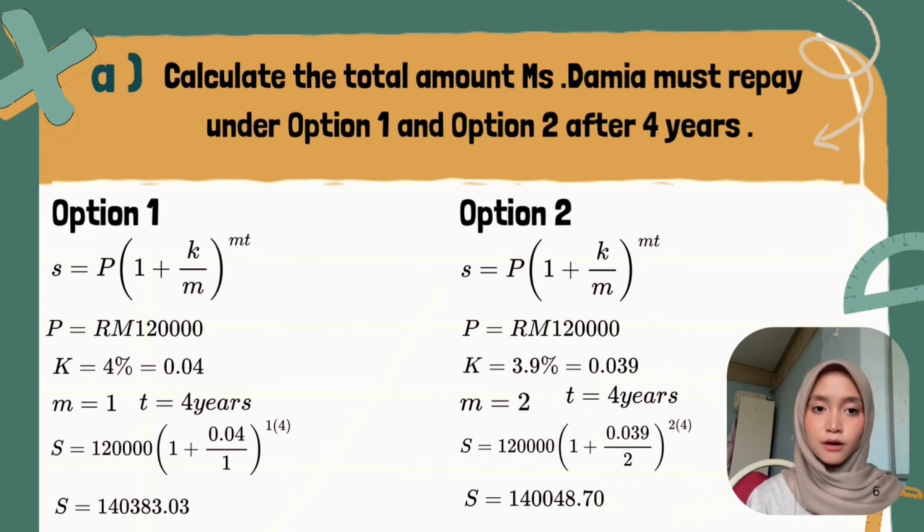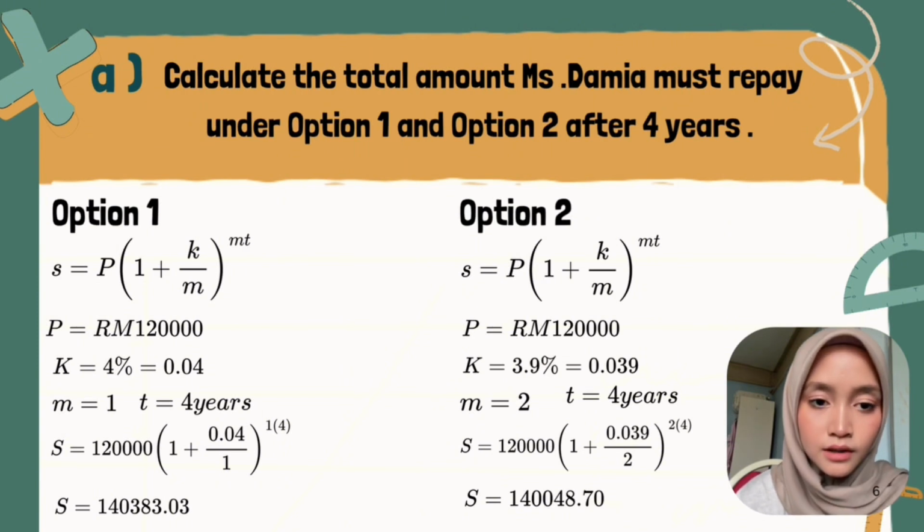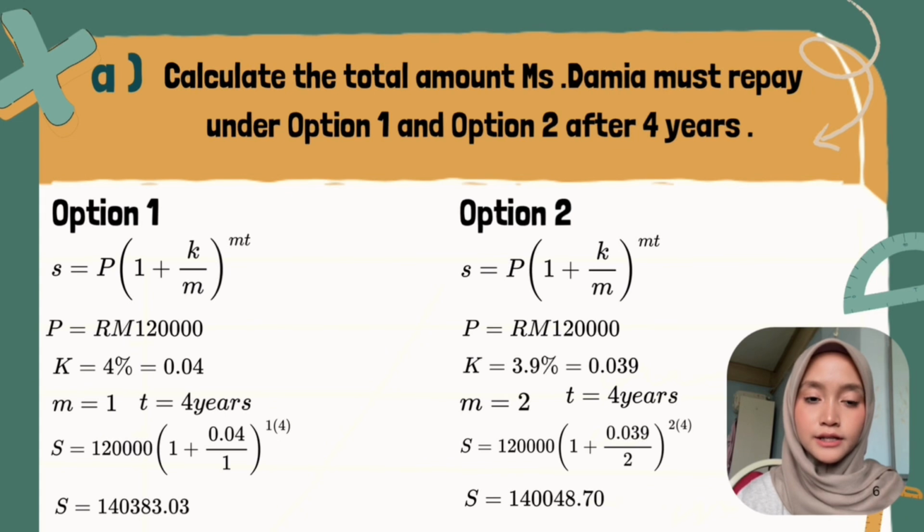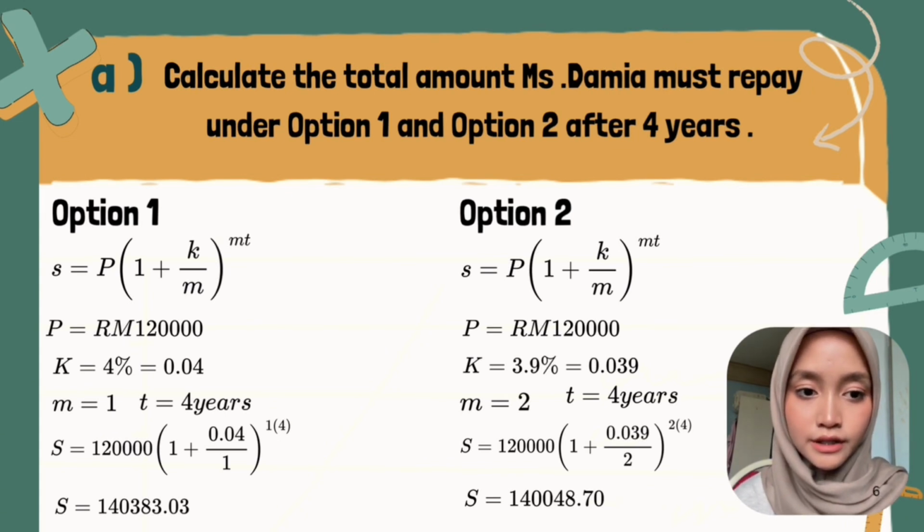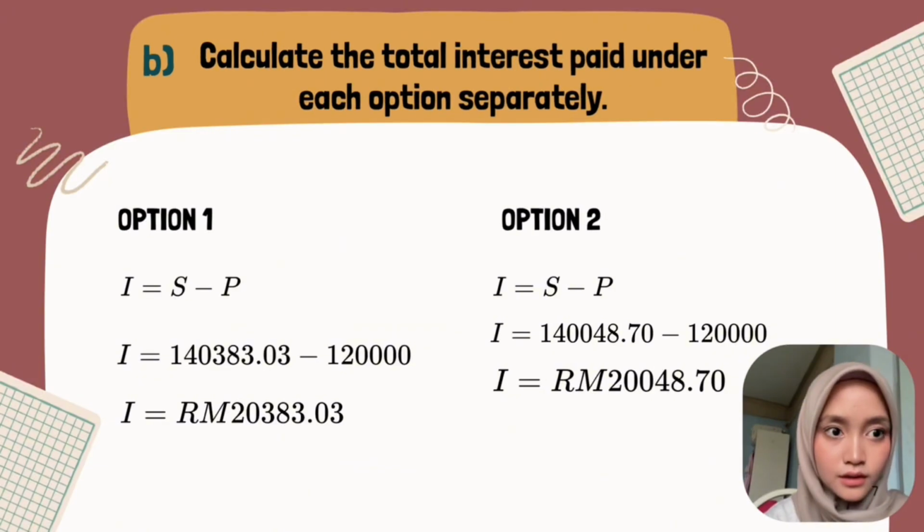We put all the amounts in the formula and it became S equals 120,000 ringgit (1 plus 0.04 divided by 1) to the power of 1 times 4. So the answer we got is 140,383 ringgit and 3 cents.